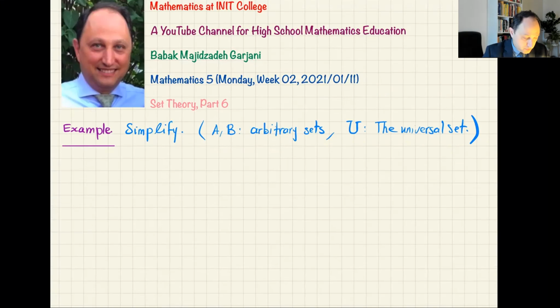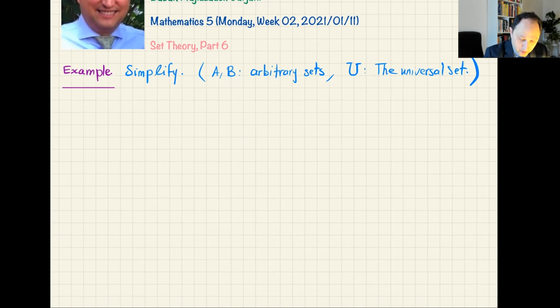Okay, so I want you to simplify these items. So number one, you can start doing them. You don't need to wait. A complement union with the universal set, and then complement.